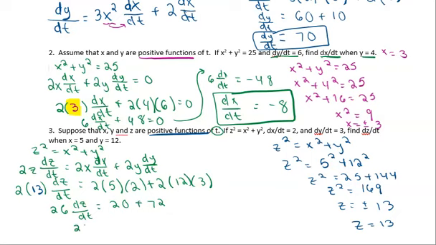So 26 dz/dt equals 92. So it looks like dz/dt, once we divide, is going to be, simplify it down. So we'll be able to divide both by 2. So 92 over 26, which will simplify down to 46 over 13. There we go.